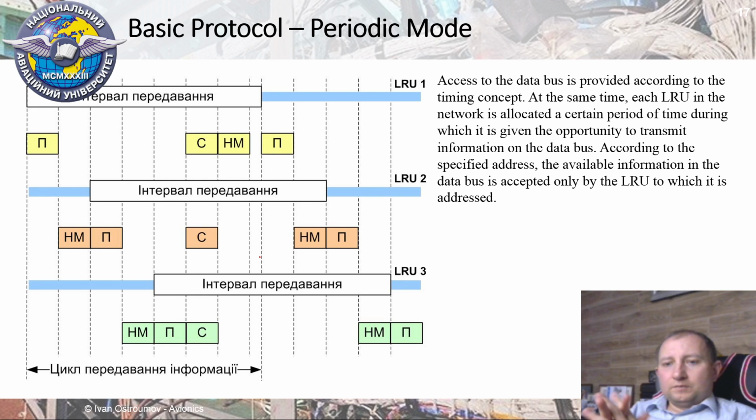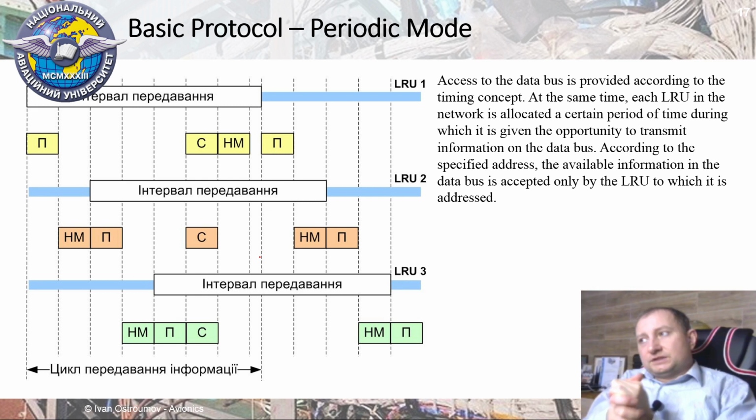Thus, in ARINC 629, we have a specific cycle of data transmission. In this cycle, each LRU in the network has the possibility of transferring data. This cycle of data transmission starts from packets of a particular LRU.